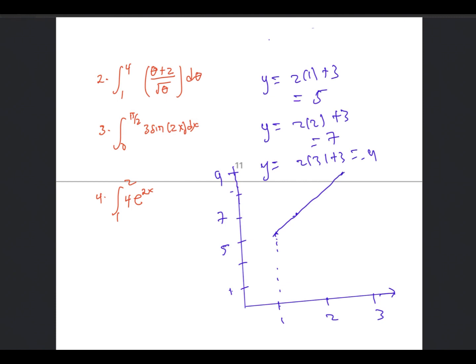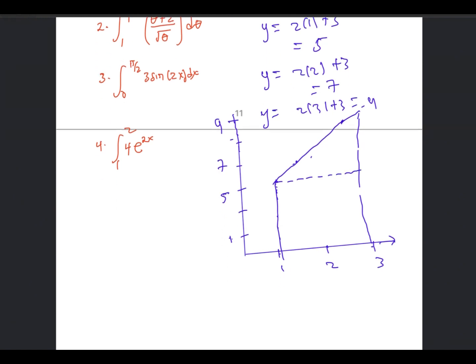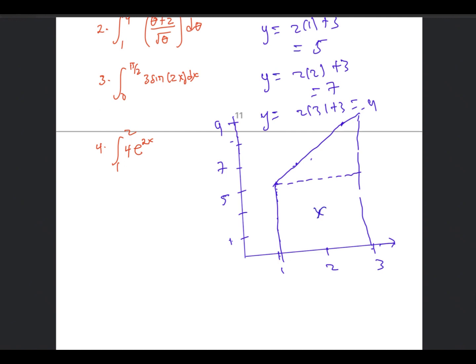At the end, when I join them like this, the interval will be up to this point. This is the area we are looking for, but remember it's a combination of a rectangle and a triangle.